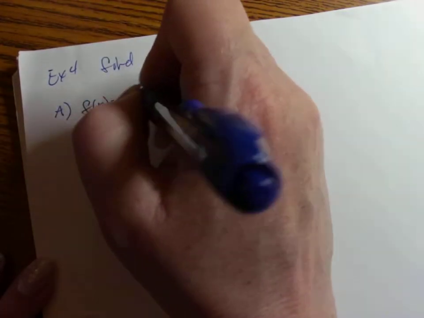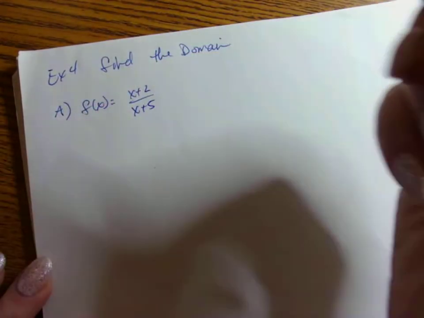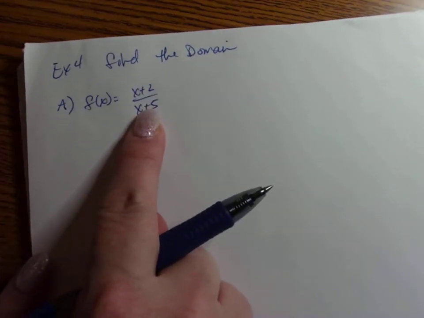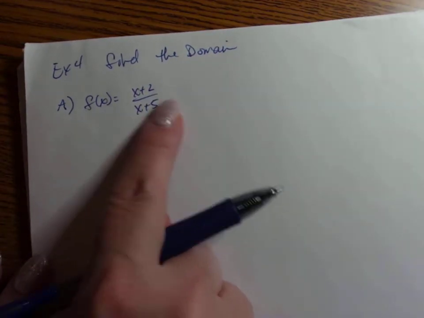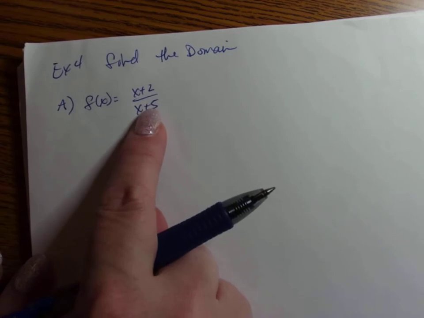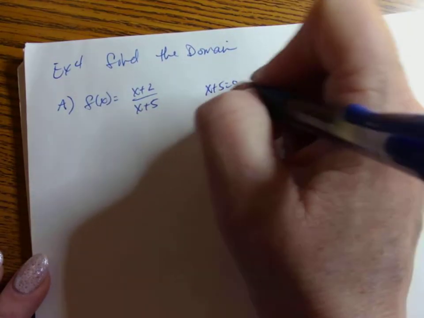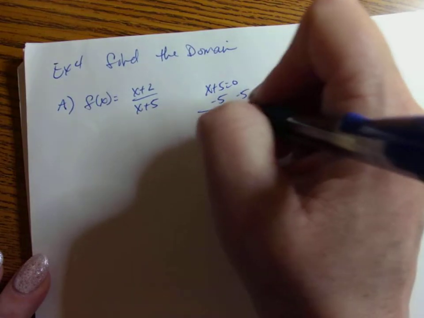So for part A, we are given f of x equals x plus 2 over x plus 5. To find our domain, we don't have a square root, but we have a denominator. Remember, we can't divide by 0, so we're going to set that denominator equal to 0, subtract the 5 over, and get x equal to negative 5.